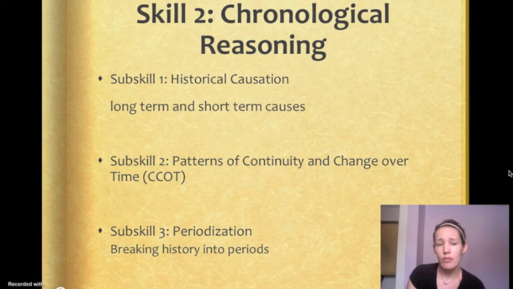But we also have to ask ourselves the question, well, why do we end period 1 at the year 600 BC? Why not 700 BC? Why not? So periodization is intact in the College Board. They do break up these different time periods. But at the same time, to be a really skilled historian, you still need to be able to challenge that a little.